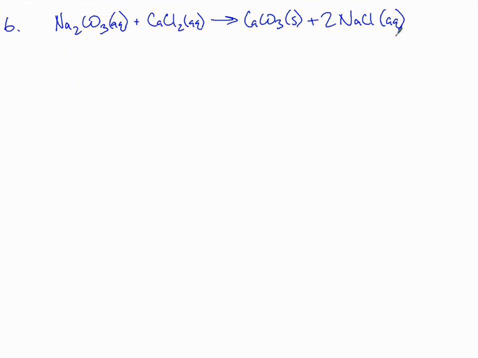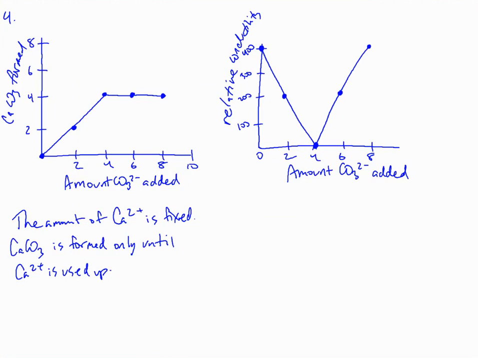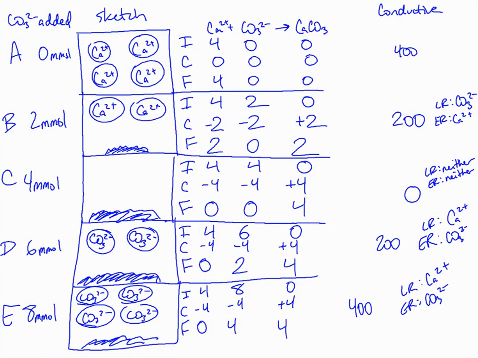A 100 milliliter calcium chloride solution is titrated to the equivalence point. Let me go back and talk about what this means. Titrated means we're adding the second substance, and this is basically the equivalence point. We want it to be where it hits 0 across this table. That's our goal here.